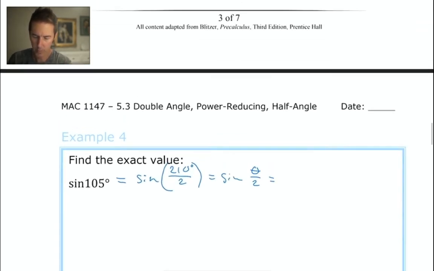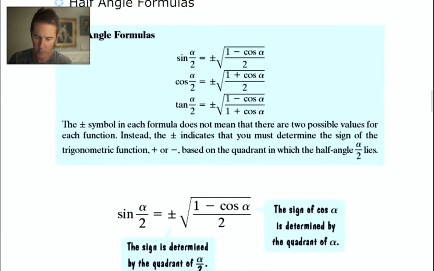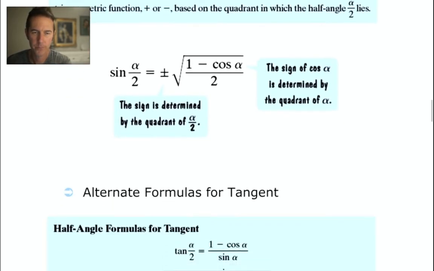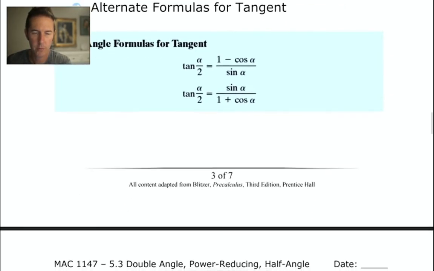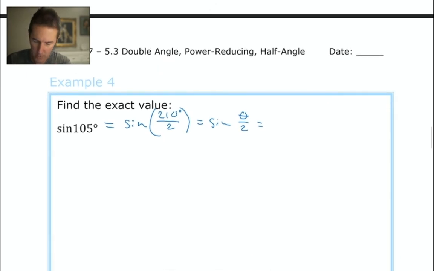And this half-angle formula up here says that the sine of alpha over 2 or theta over 2 is equal to plus or minus the square root of 1 minus cosine theta, all divided by 2.